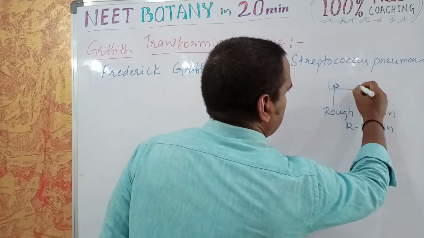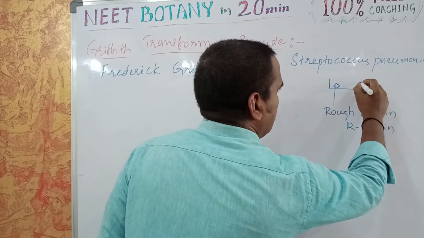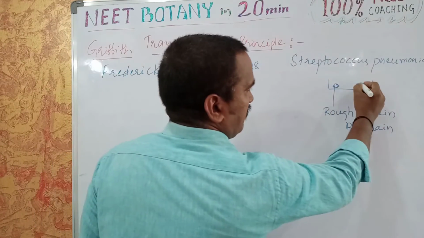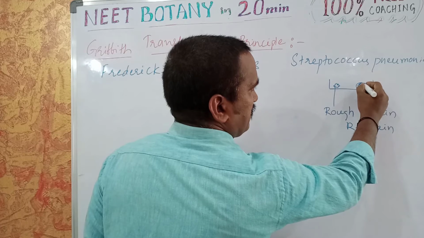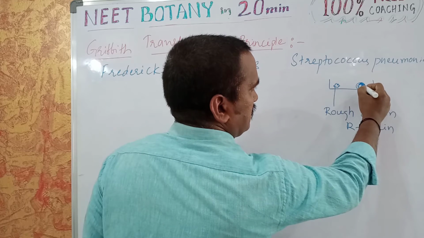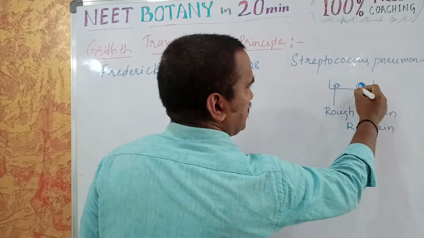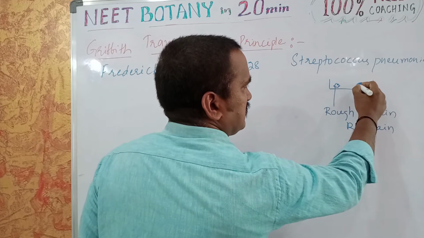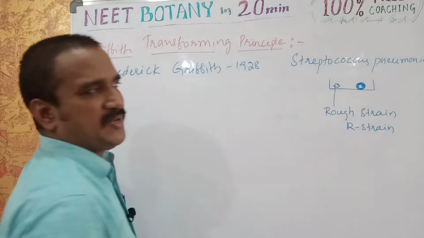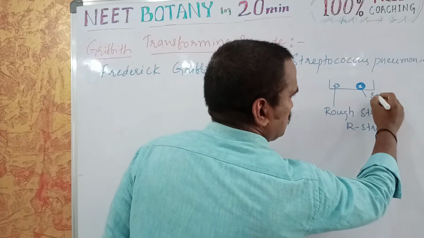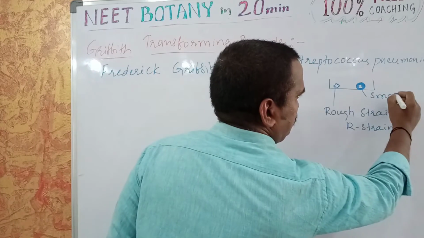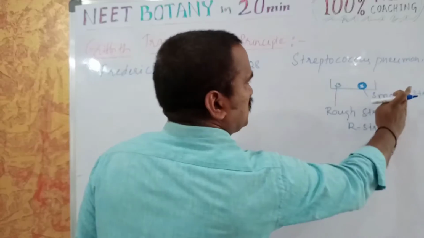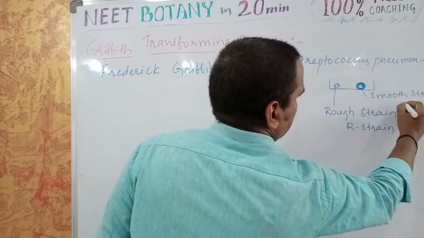Another strain has an extra mucilage coat around the bacteria. This strain is called the smooth strain because externally it appears smooth. The smooth strain is also called the S strain.